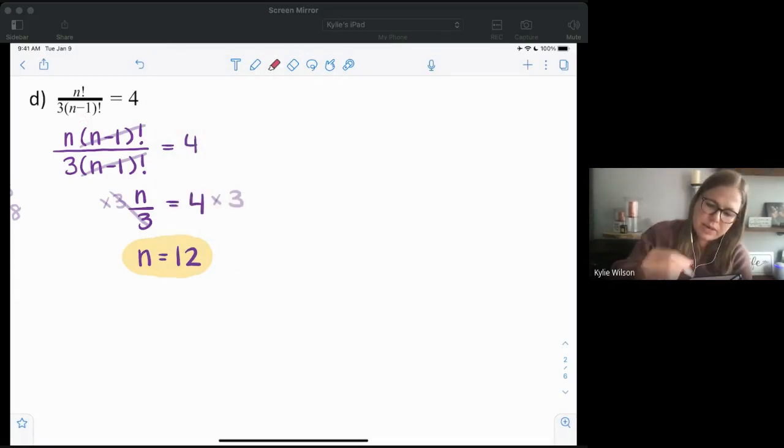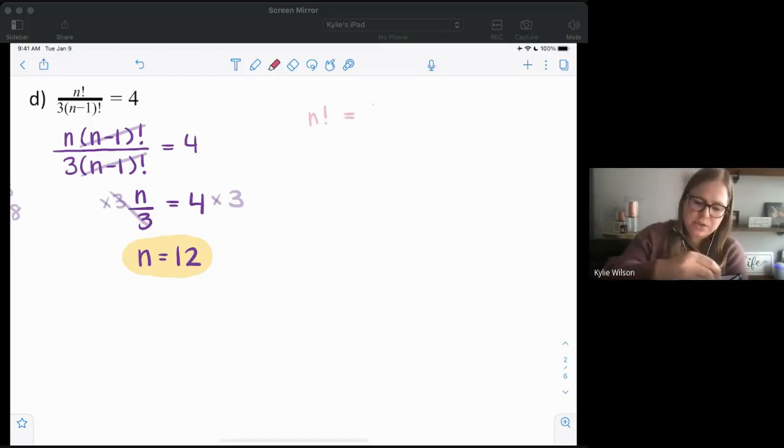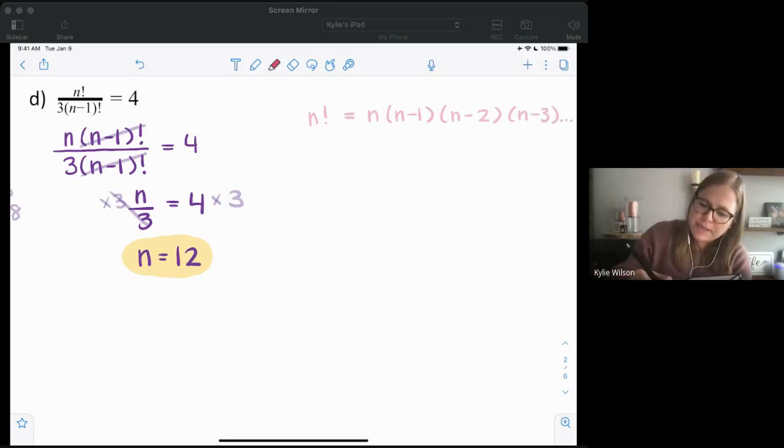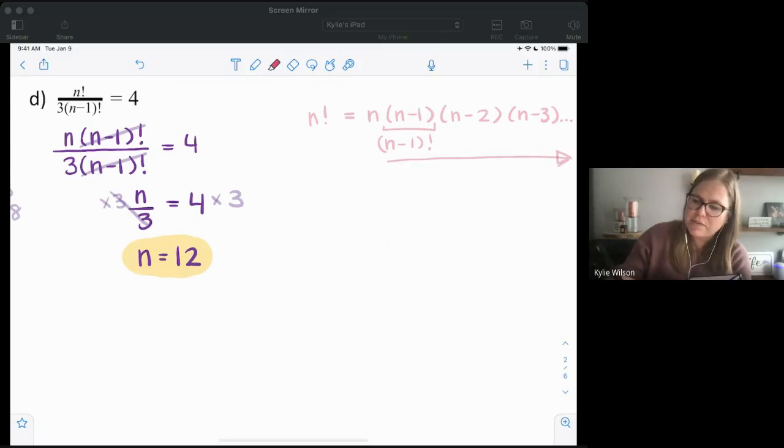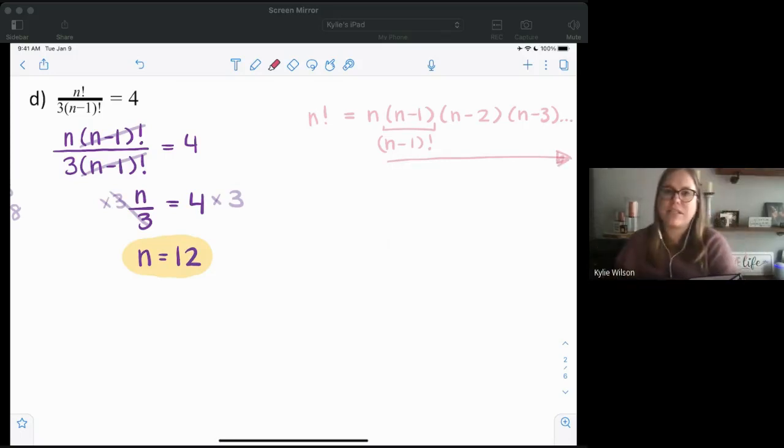So when I'm working with n factorial, to expand that, I just do n, and then I subtract 1, then I subtract 1 again, and then I subtract 1 again, etc. I'm going to stop here and just write n minus 1 factorial, which would account for all of this stuff. That way I can cancel it out. That's the goal. We want to cancel out these factorials. That way we can solve it. But that's where that came from.